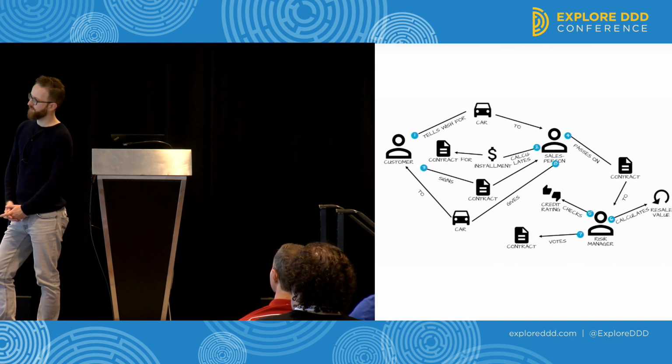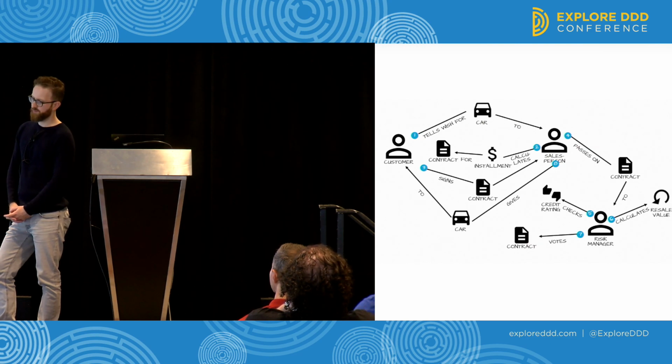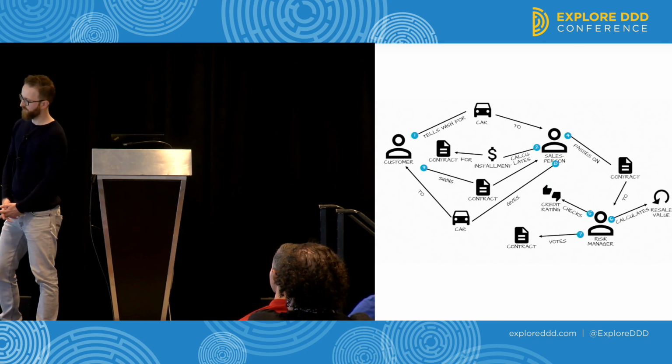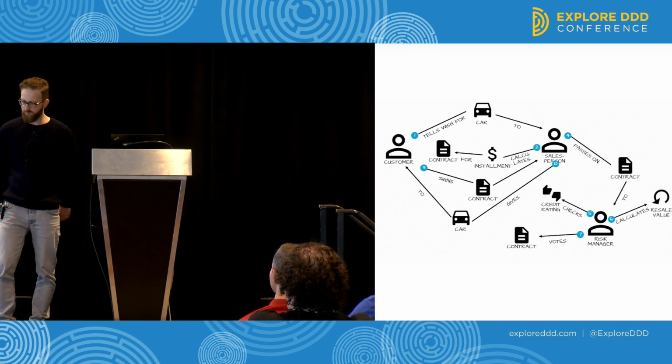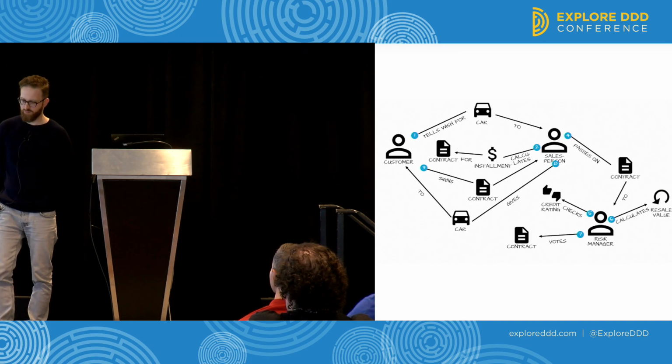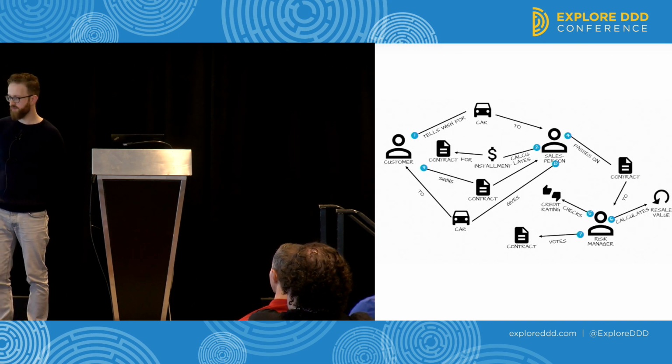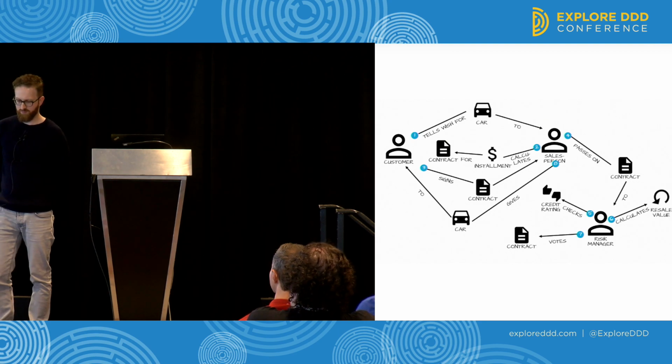And as you can see, this calculation of the installment and this signing of the contract is maybe something different than voting on the contract and checking the rating. So there's probably something like a sales context up here and a risk management context down there. And maybe there's also a calculation context up there. That's something to look into more closely.